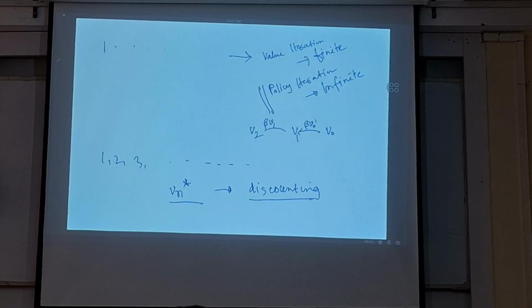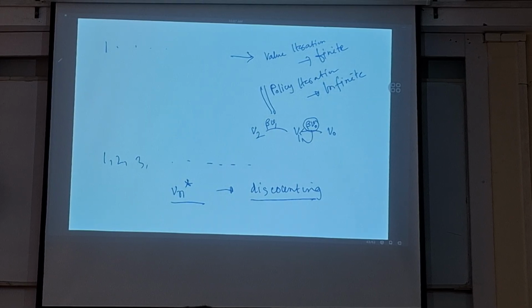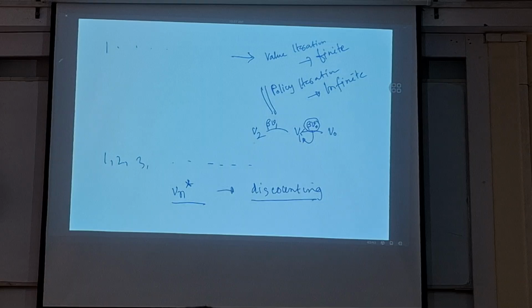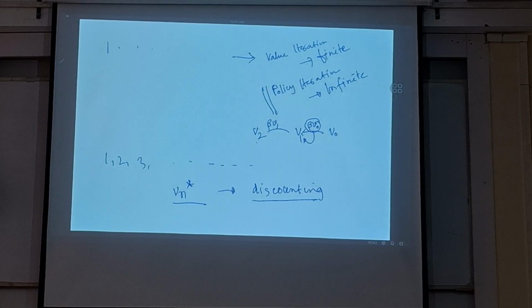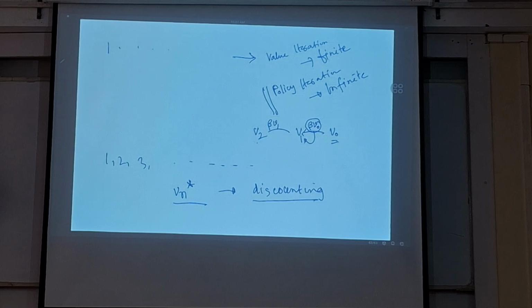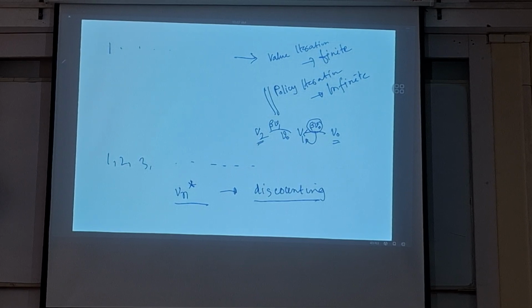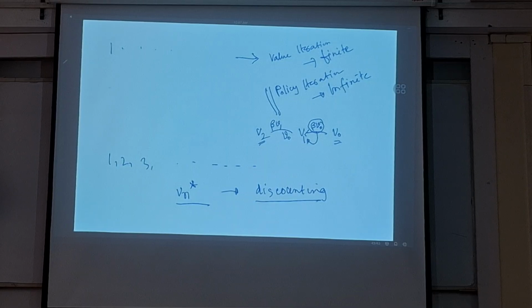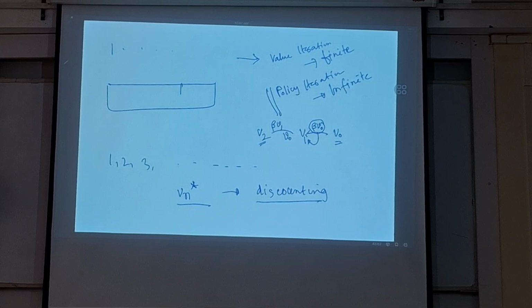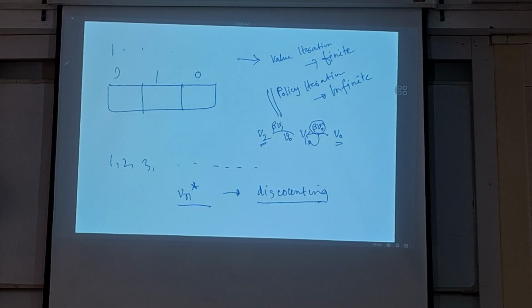Now V0 is included in V1, and in V2, V0 is included with a discount beta. What is the discount for V0 in V2? Is the question clear? For example, we have 3 steps: step 0, step 1, step 2.